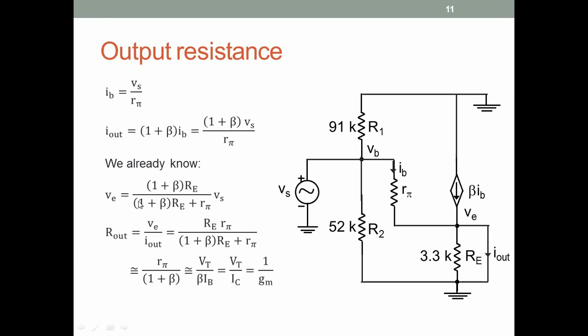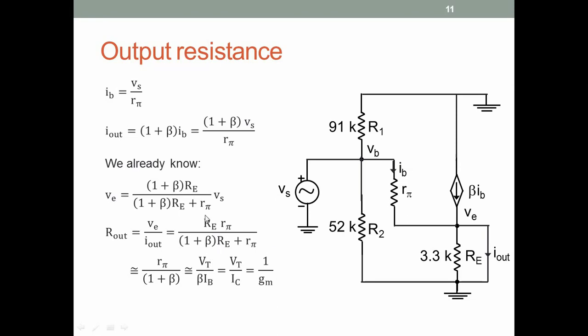Now we already know VE in terms of Vs, which is this, that's already derived. So R out is VE divided by I out. So we write all of this and we get this expression RE R pi by 1 plus beta RE plus R pi. Again we say R pi is small compared to 1 plus beta RE, so we ignore it.